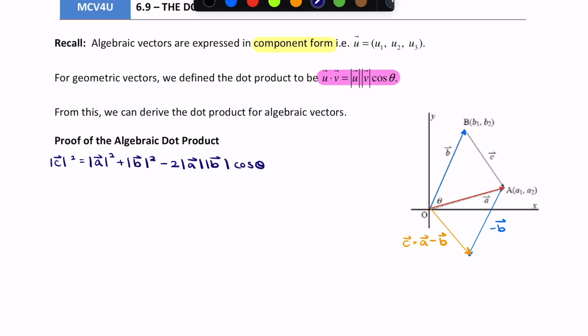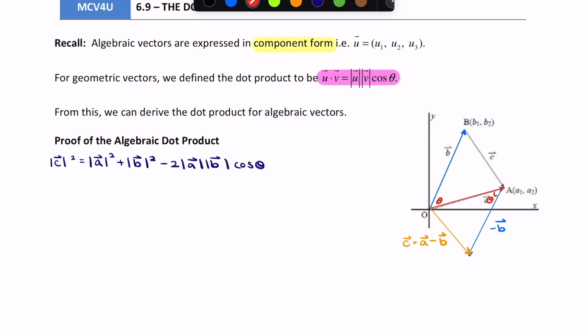This formula is created based on the cosine law. We have a theta value here and our other angle there as well. And here we know that the magnitude of a times the magnitude of b times cos theta we can represent as the dot product of a and b.